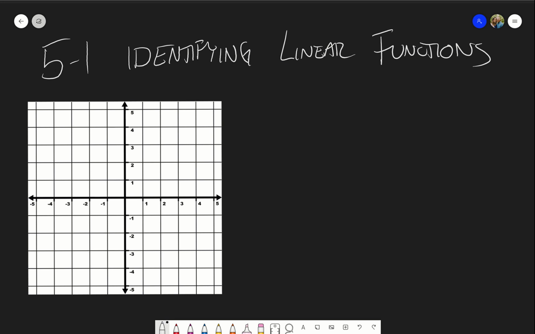Today we are jumping into a new chapter all about linear functions: identifying linear functions, solving linear functions, knowing all things about linear functions. And today we are going to start with the understanding of what is a linear function. Let's identify them.